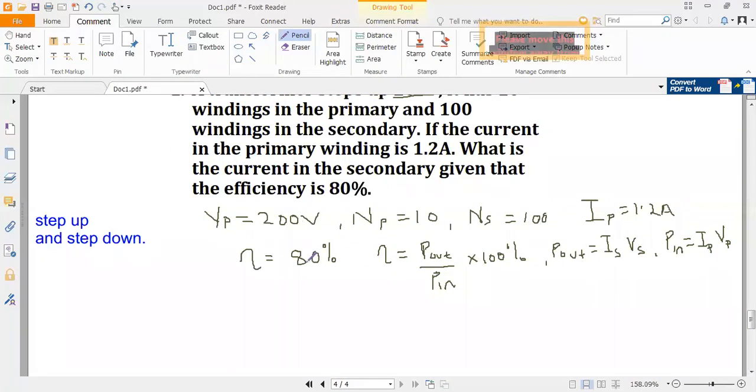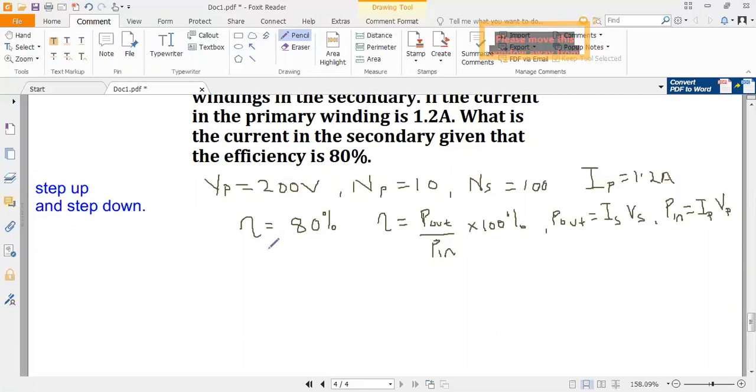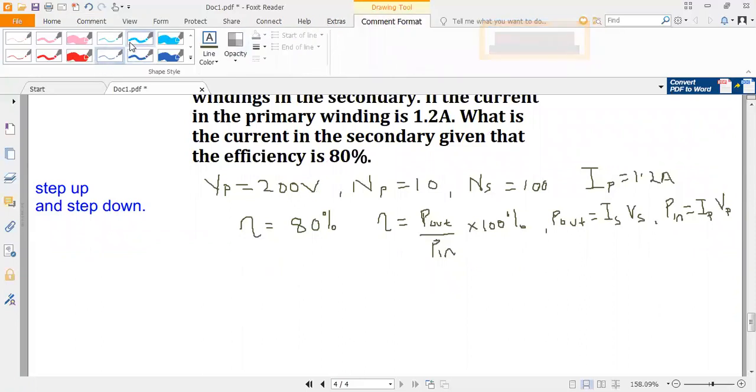Before we get the current in the secondary, we have to first get the potential in the secondary coil. There is a relation which relates the number of turns in the primary to the number of turns in the secondary.